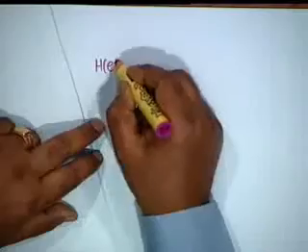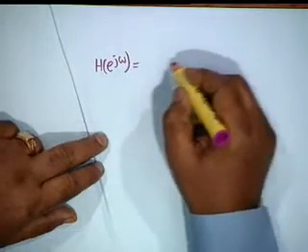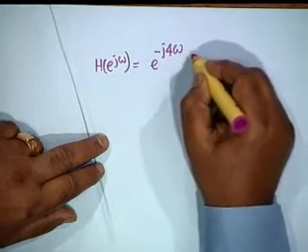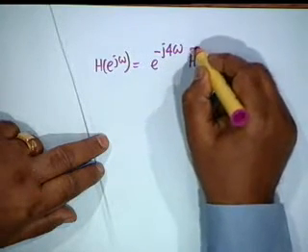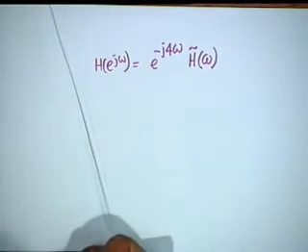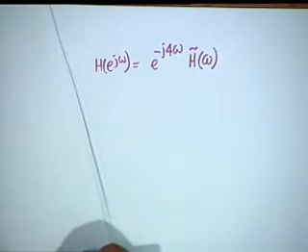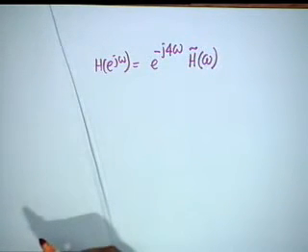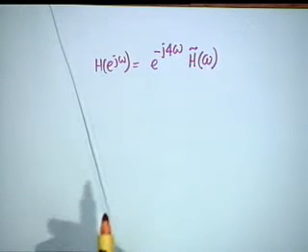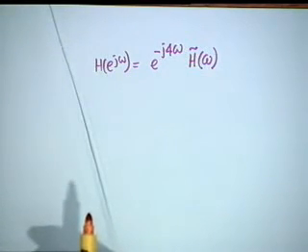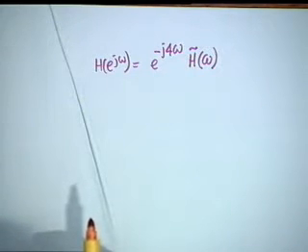Therefore, in general we can write H of e to the j omega as equal to e to the minus j 4 omega multiplied by some new symbol H tilde of omega, where H tilde of omega is real, and since it is real, many a time it is confused with magnitude.